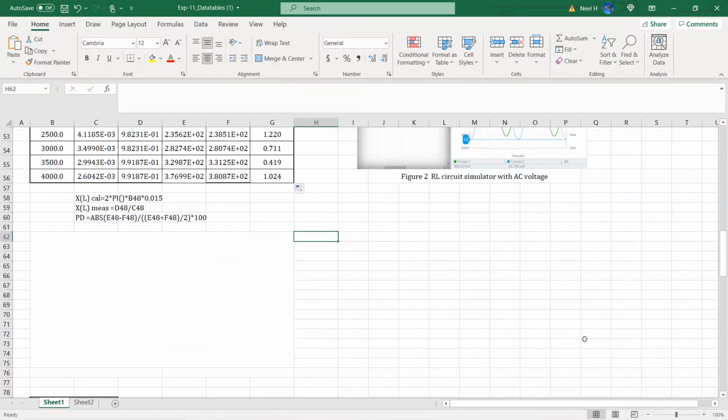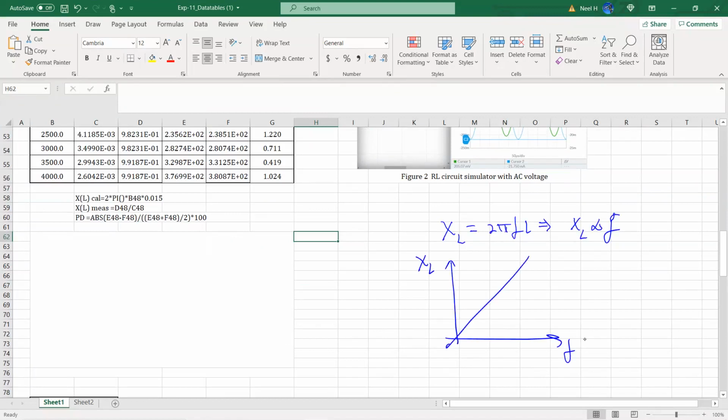In this case we are interested in X_L, which is 2 pi f times L. That means X_L should be directly a function of frequency, right? That's what we would like to see. Then we will make a graph of frequency versus X_L.